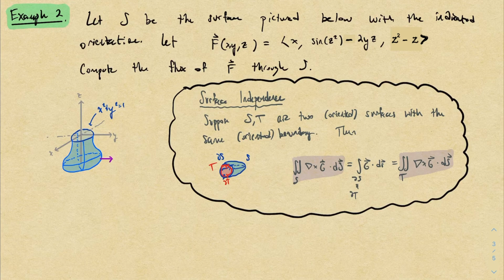If you have two surfaces and they have the same oriented boundary curve, the surface integral of the curl of a vector field is the same over both surfaces.